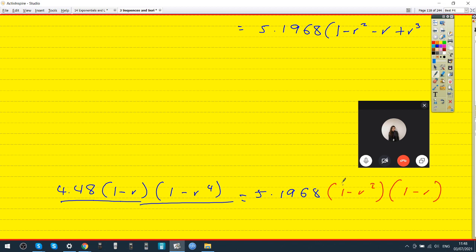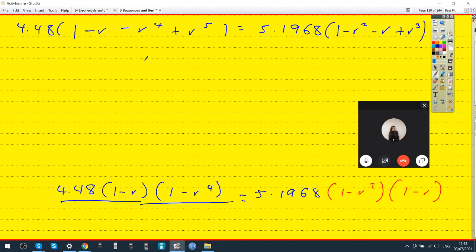Okay. On the left side, it'll become 1 plus r to the 5, and then minus r and minus r to the 4.